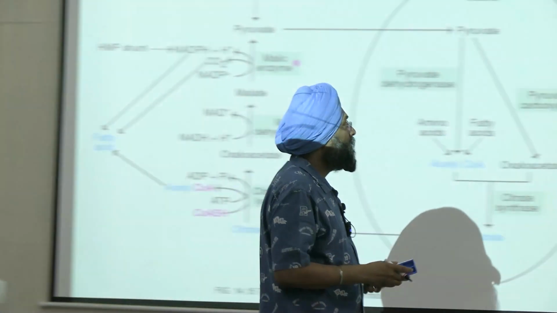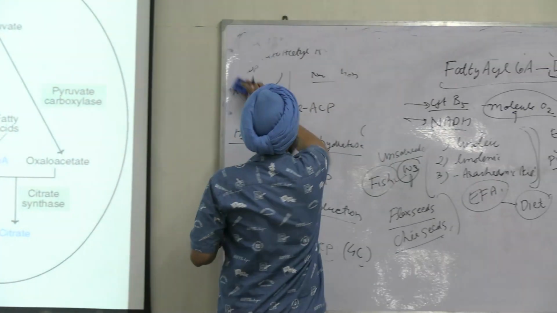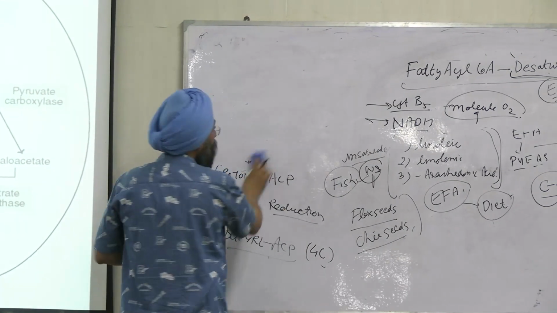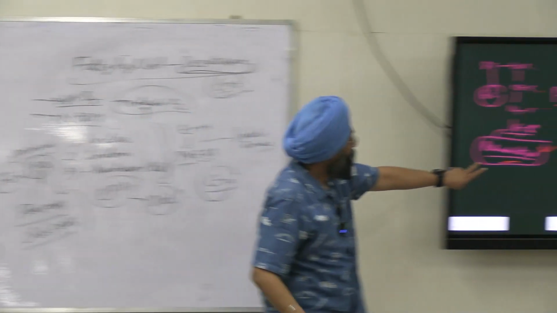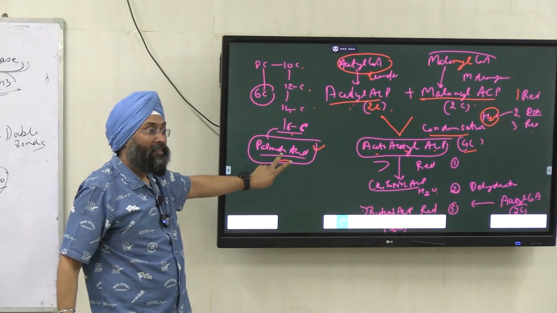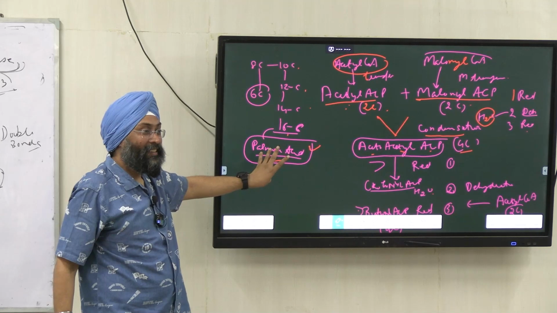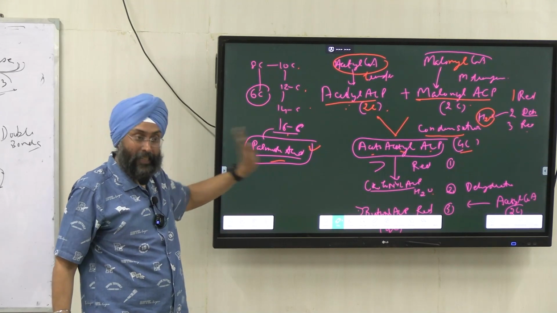So what will you get from palmitic acid? We found palmitic acid here. Is it saturated or unsaturated? It doesn't contain double bonds, means it is saturated.